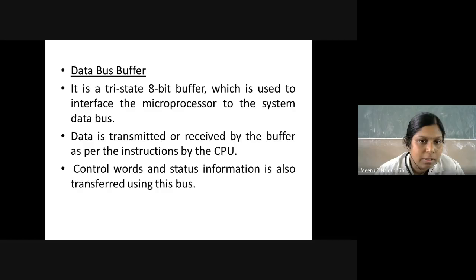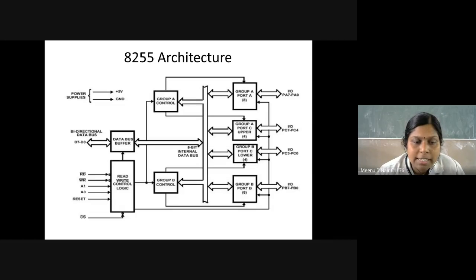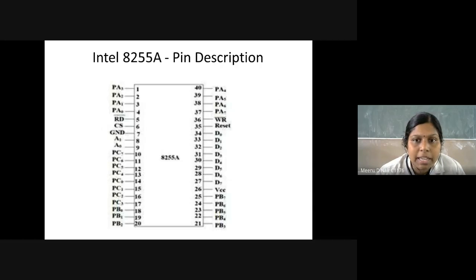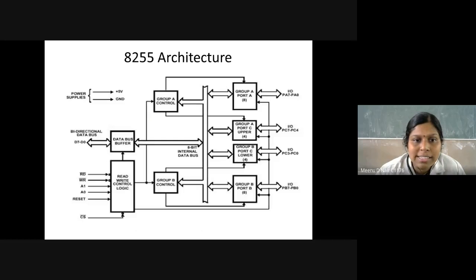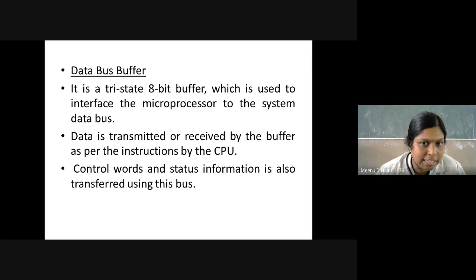There you are using D0 to D7, and in the pin diagram also you have seen that D0 to D7 pins are there. As per the instruction from the CPU or the processor, it will receive or transfer the data to the outside devices, and not only data.